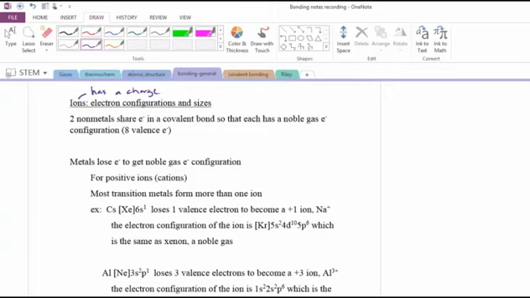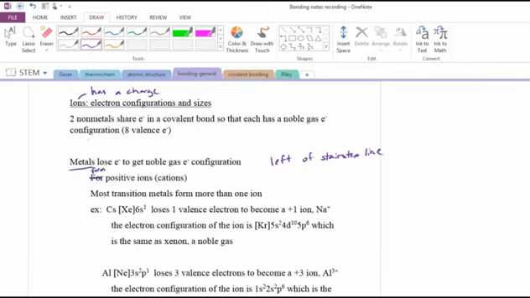So, metals, just remember, are left of that stair-step line on the periodic table. They're going to lose electrons to get their noble gas electron configuration, and they form positive ions, which are called cations.